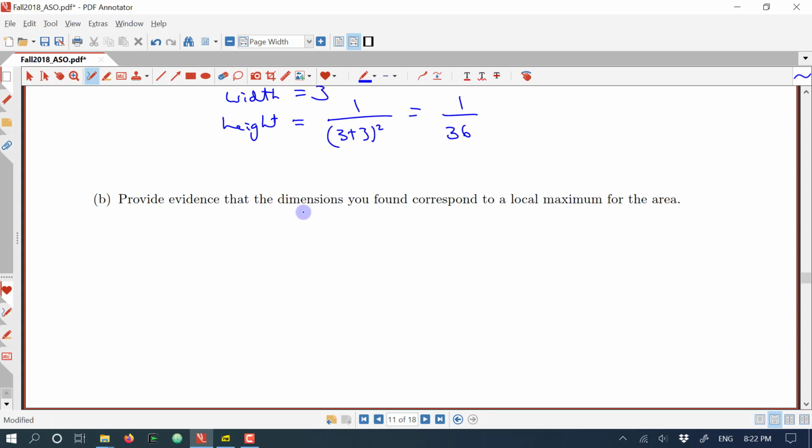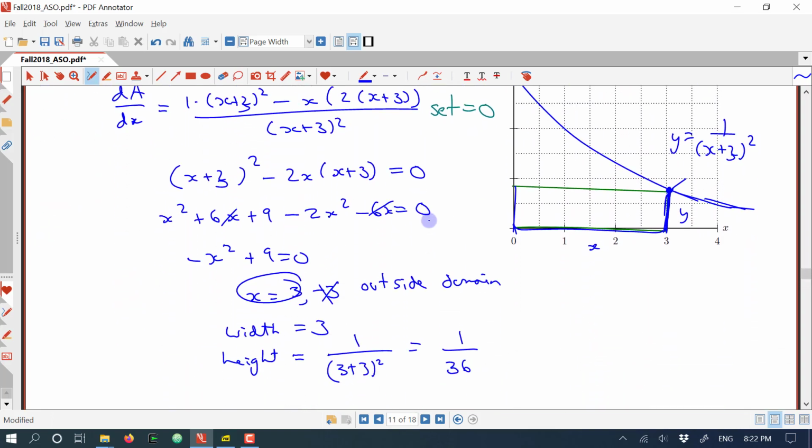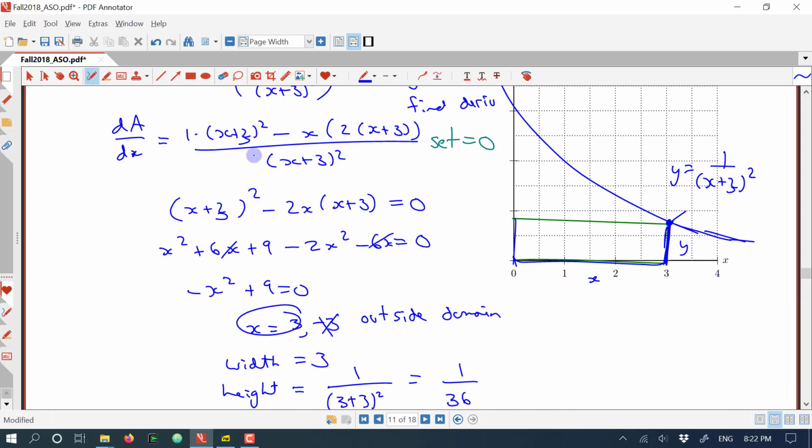For the evidence that we have the local maximum, notice it's local, so we can do either the first or the second derivative test. For this particular case, the derivative we found earlier is actually pretty messy. Imagine taking the second derivative of that with more quotient rule.